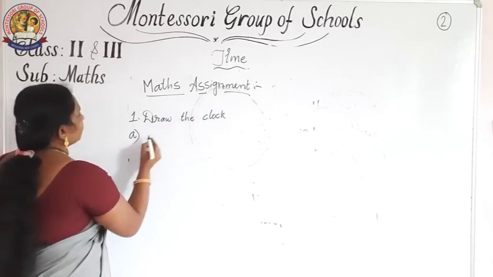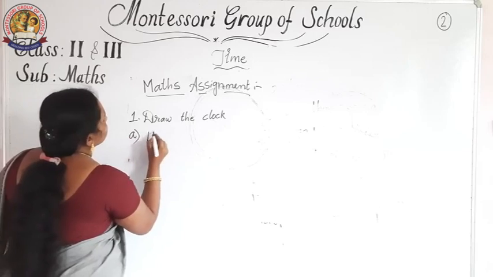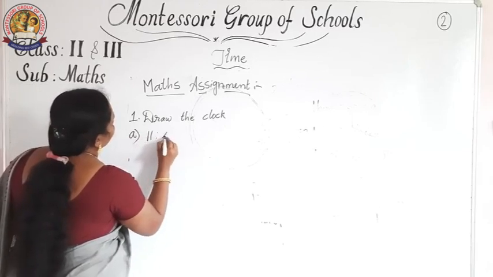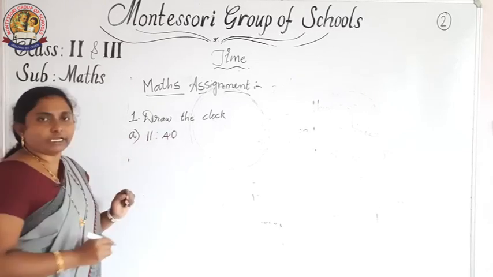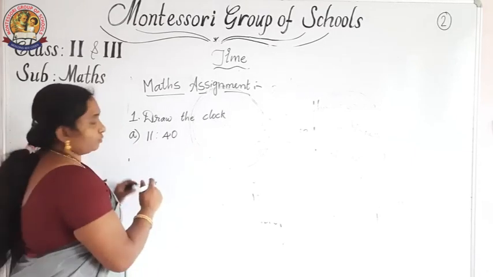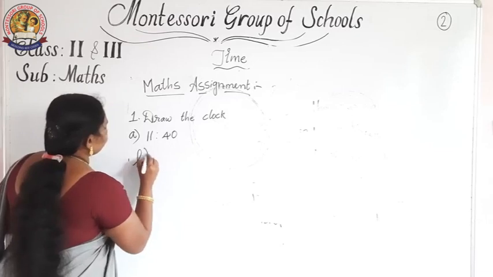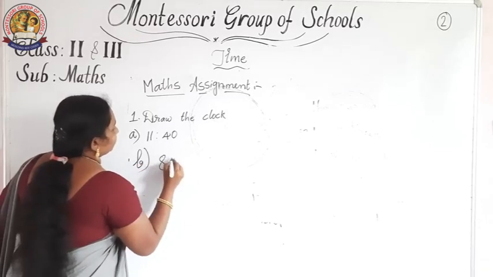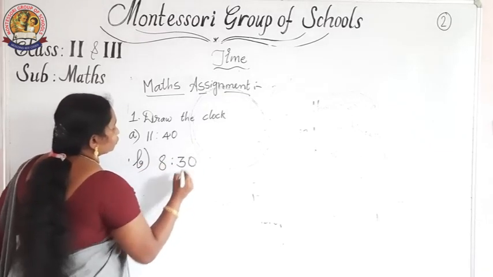Here I have given the time: 11:40. We can draw the clock and draw the time also. Okay, next, 8:30. Okay, understood all of you?